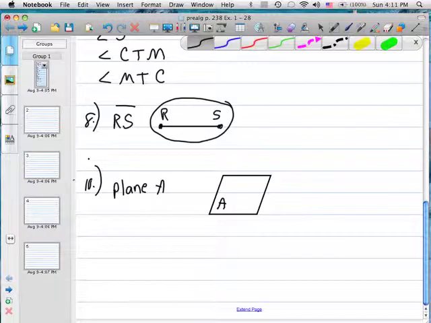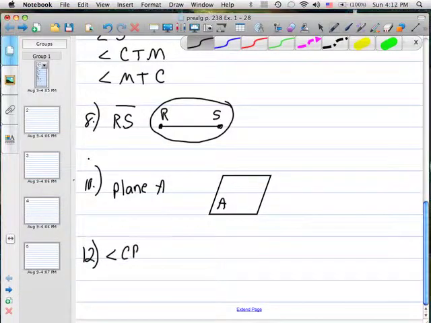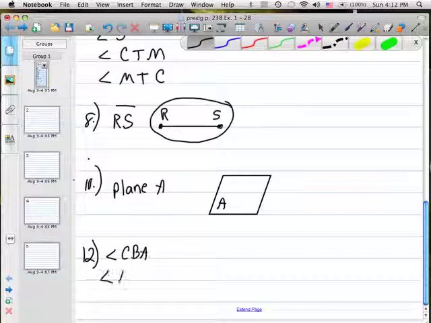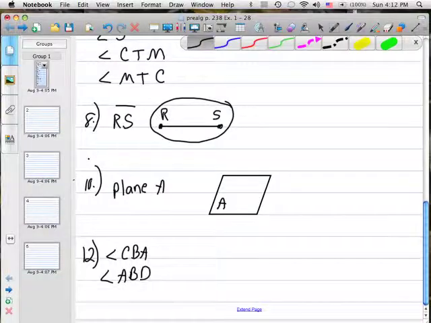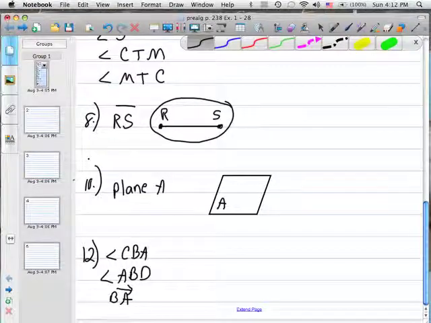Number 12, they want us to sketch angle CBA and angle ABD, and they share ray BA as a common side. So if they share ray BA, then BA must be in the middle.